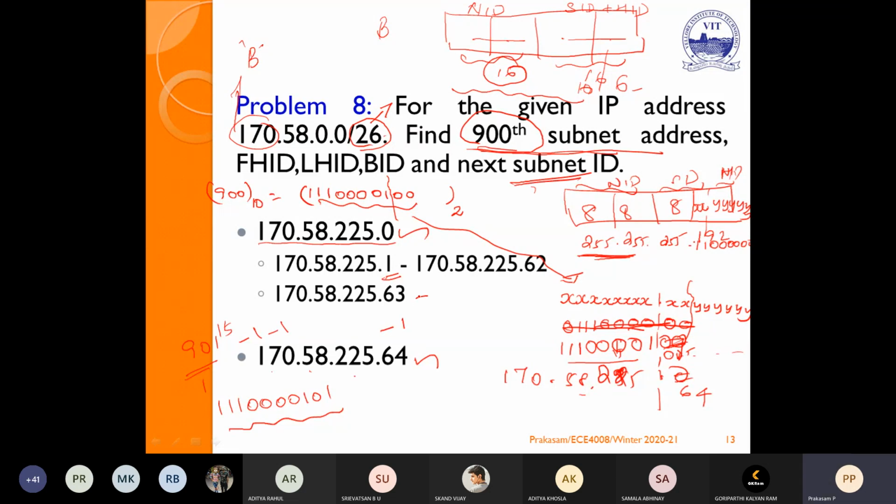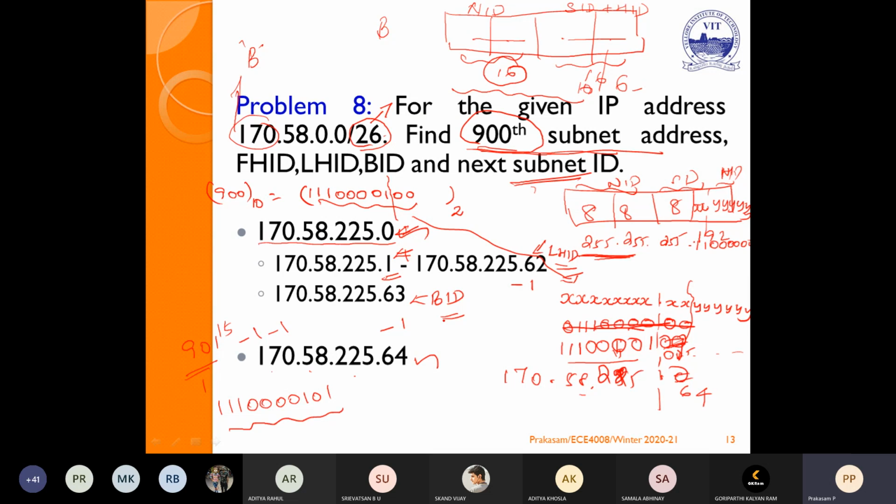Minus 1 is the broadcast ID for 900. Again minus 1 is the last host ID for 900 subnet. So now for 900, this is the subnet address, first host ID, last host ID, then broadcast ID.